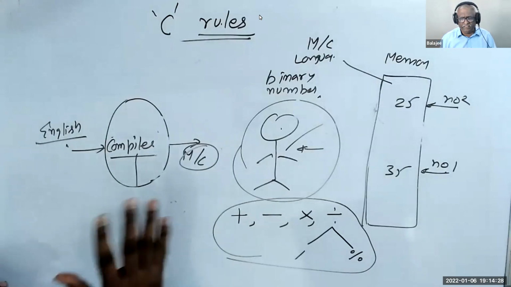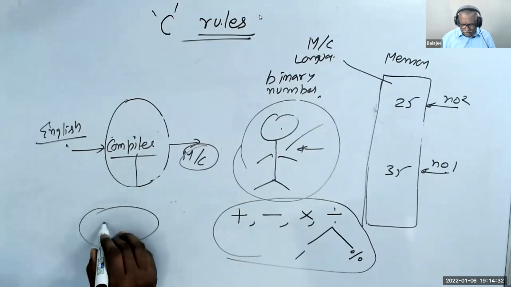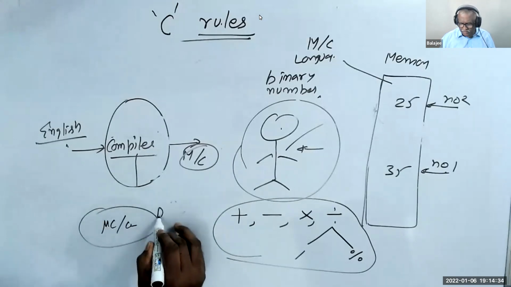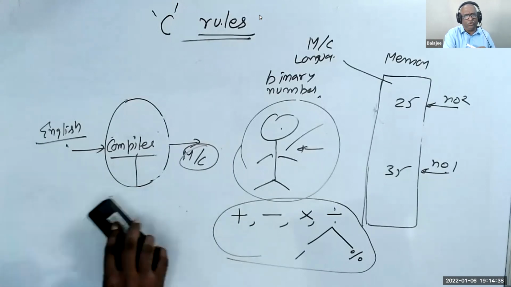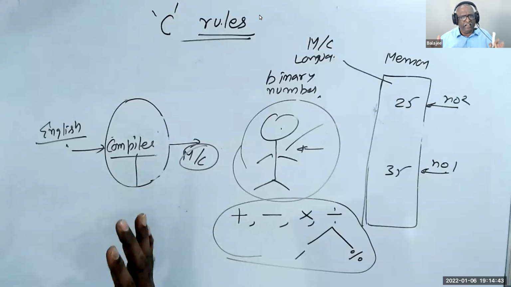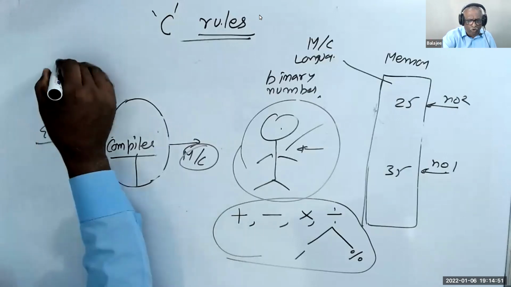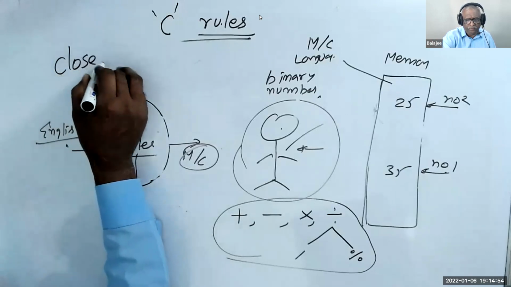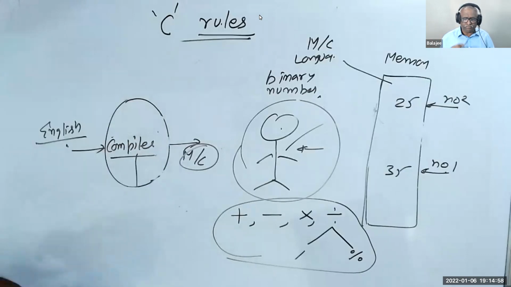We will write a very good application in such a way that you understand the entire microprocessor or computer architecture. That is one major advantage of C: the moment you start writing more C programs, you will understand the entire hardware architecture. That's the reason C is still powerful. All embedded systems use C because it is very close to the hardware.